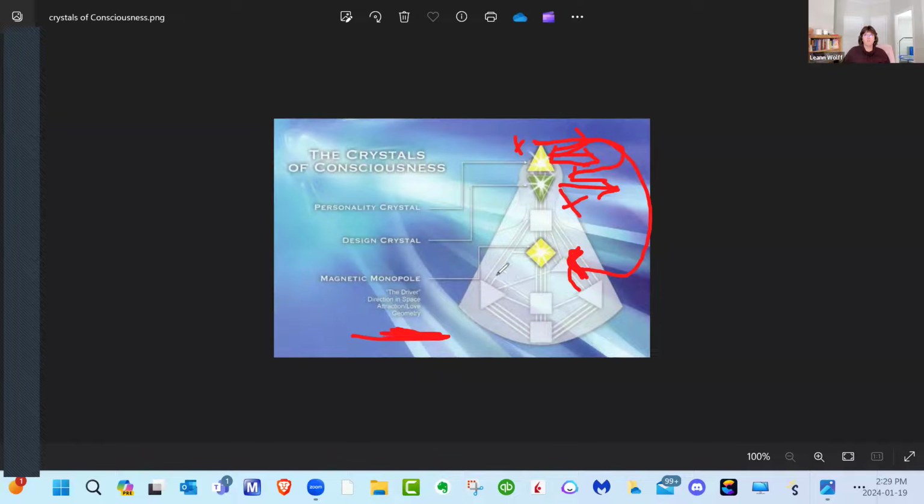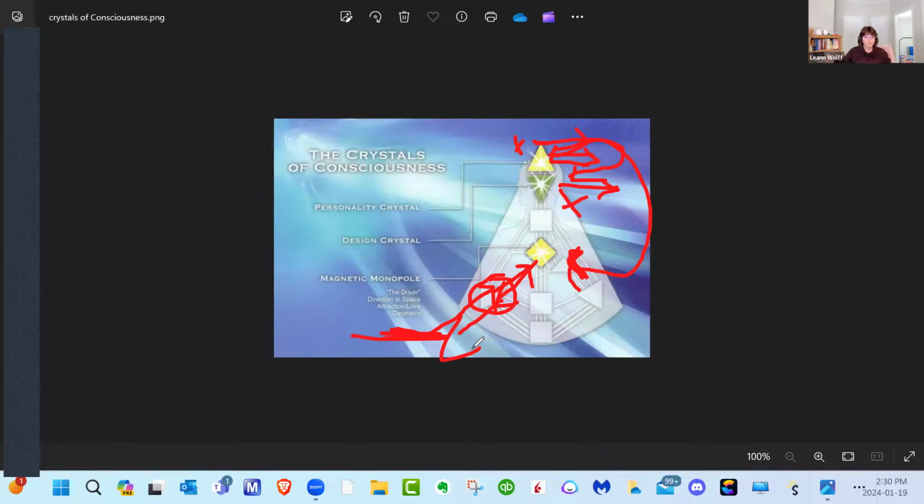And then through all of the openness in your design, that's the space where other people can come in and experience you. But those are also the spaces where you go out and experience other people. Now, what are they experiencing of you? Of course, they're experiencing your definition. Any of the defined gates, channels, and centers in your design, they're coming in through those open doorways and saying, hey, I want to experience this.